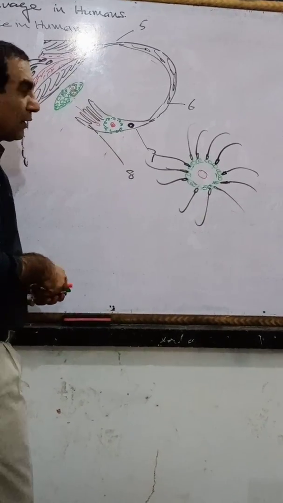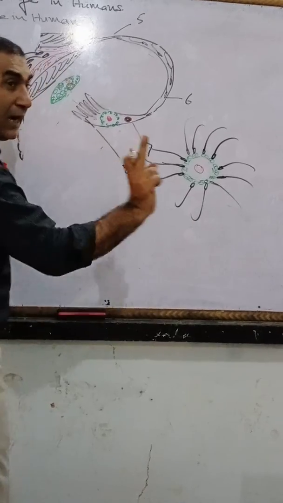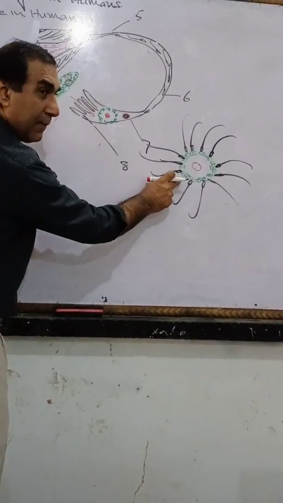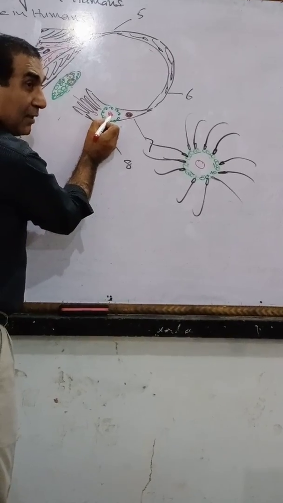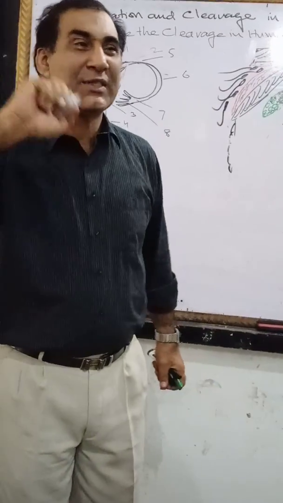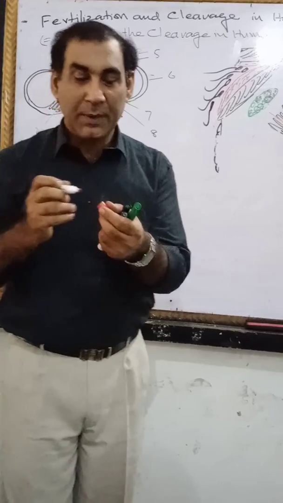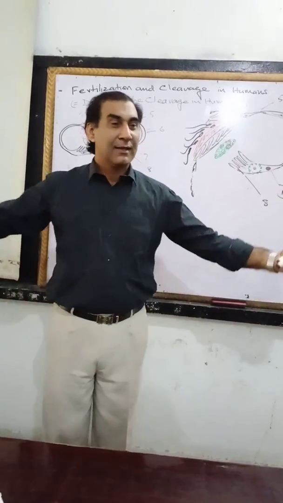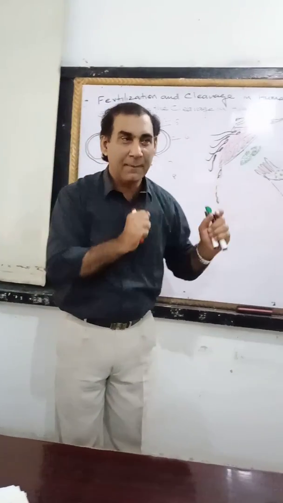The zygote would be formed in the ampulla. After the formation of the zygote, the structure would be like this. Half of the complement would come from here, and half of the complement would come from the ovum, not the secondary oocyte. Now here is a point to understand. I told you people that the fusion takes place between the secondary oocyte and sperm.